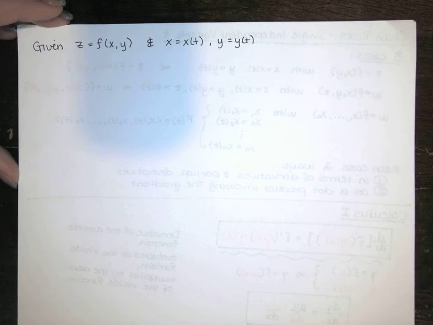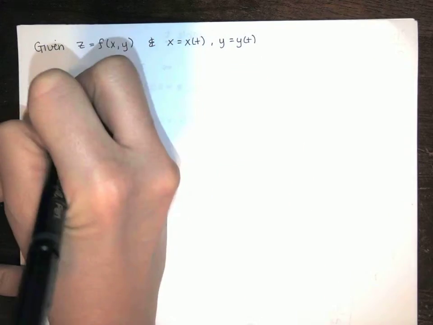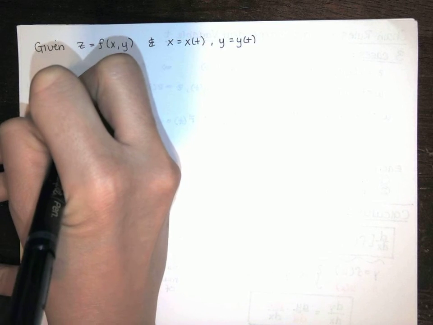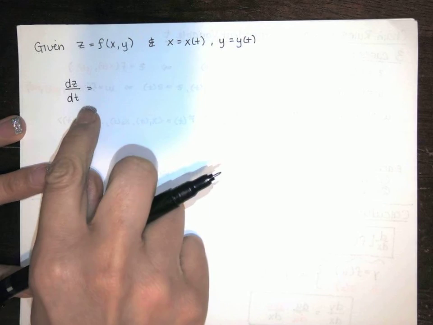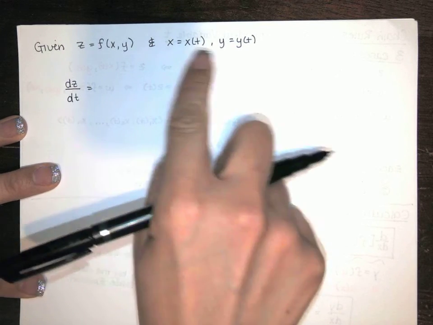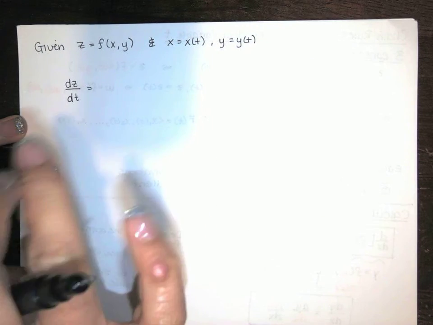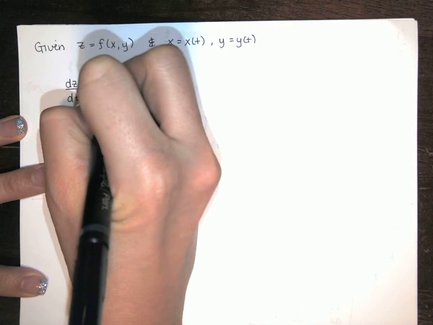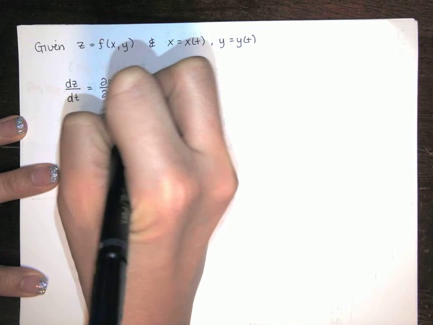If that's true, then it turns out, under certain conditions about differentiability and all that jazz, the derivative of z with respect to t, and this is an ordinary derivative, it's not a partial derivative, because after we take the composition, f depends only on t. This derivative is the partial of z with respect to x times dx dt.